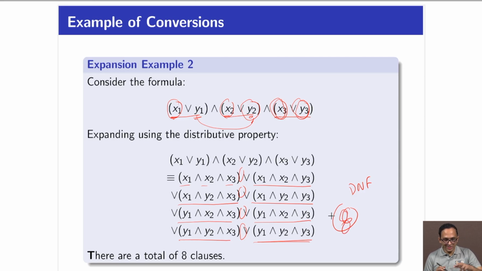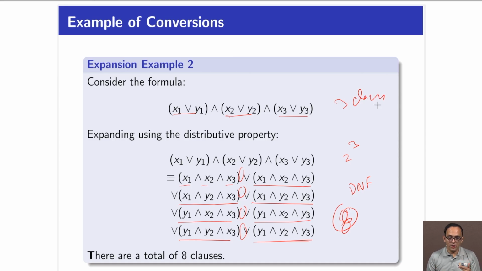So, can you relate this number of clauses? In this formula you have 3 clauses: this is clause 1, this is clause 2, this is clause 3. So, I got 8, which is 2 to the power 3, there are 3 clauses, and each clause has 2 terms.